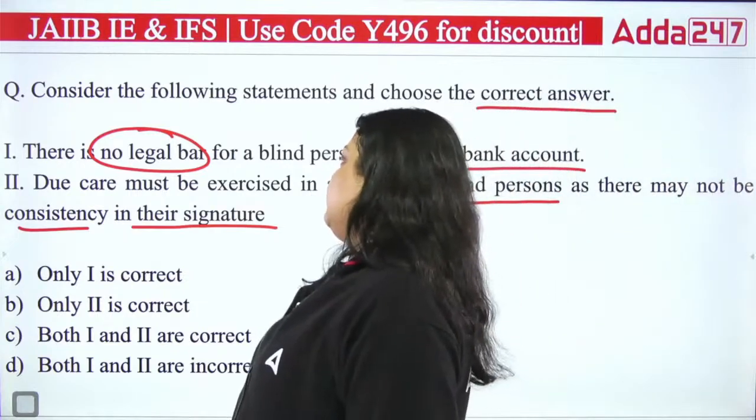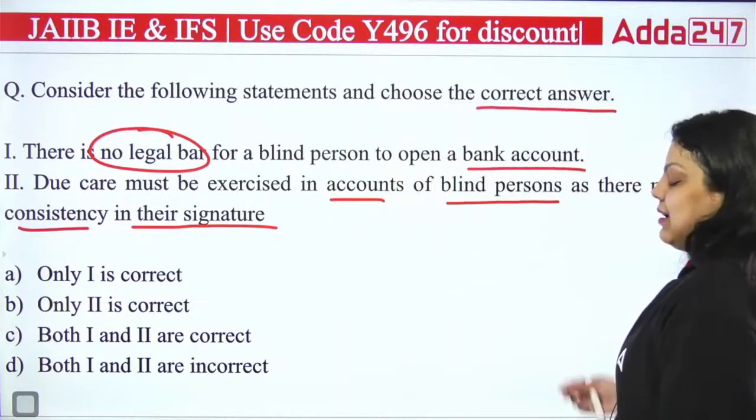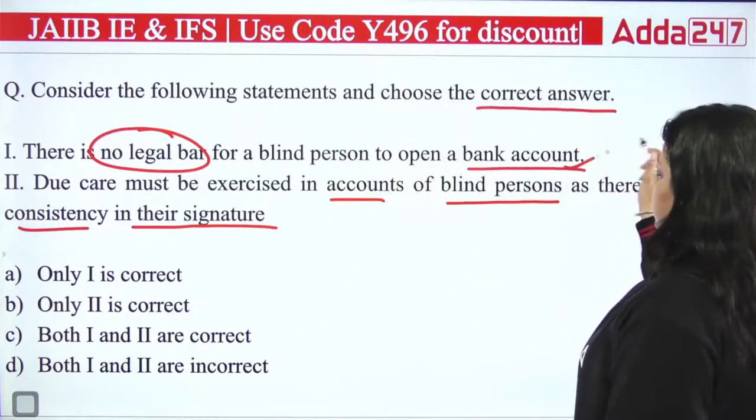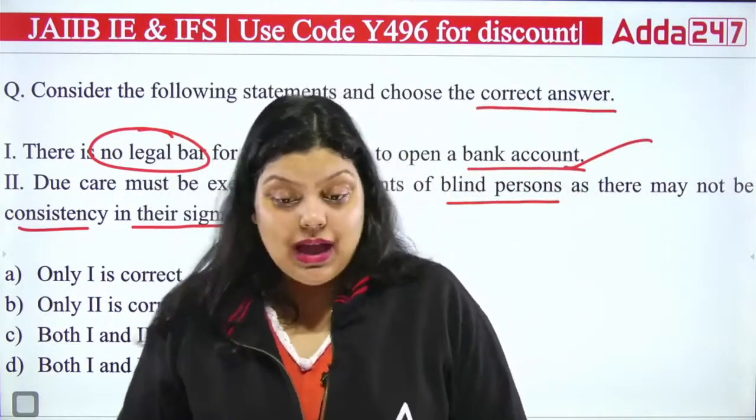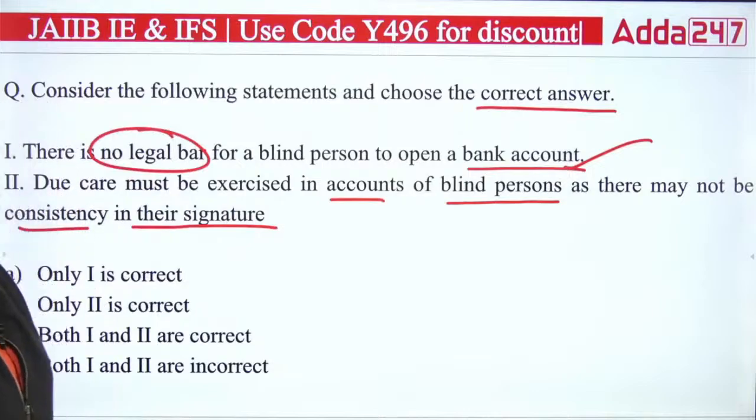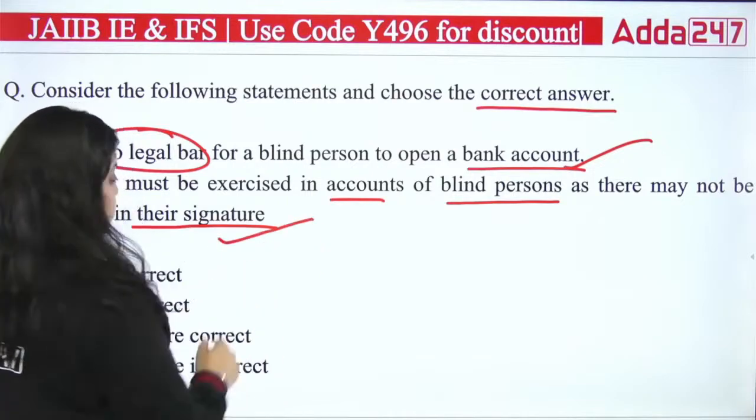So there is no legal bar for a blind person to open a bank account. Is it true? Yes, obviously it's true. Any person can open an account, whether the person is illiterate, blind, etc. So the first is correct. The second says due care must be exercised in accounts of blind persons as there may not be consistency in their signature. That's true.